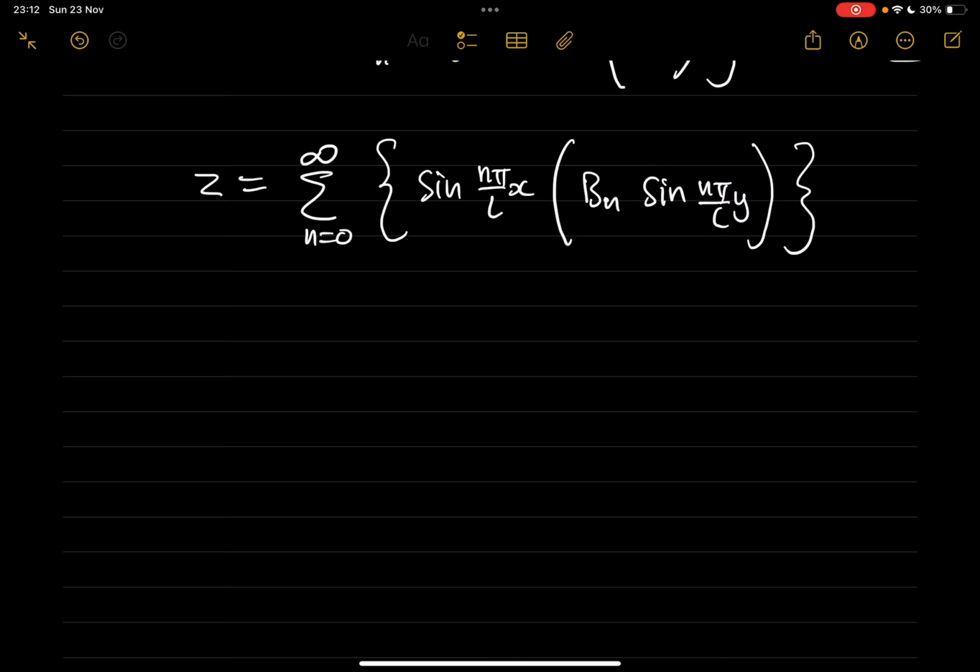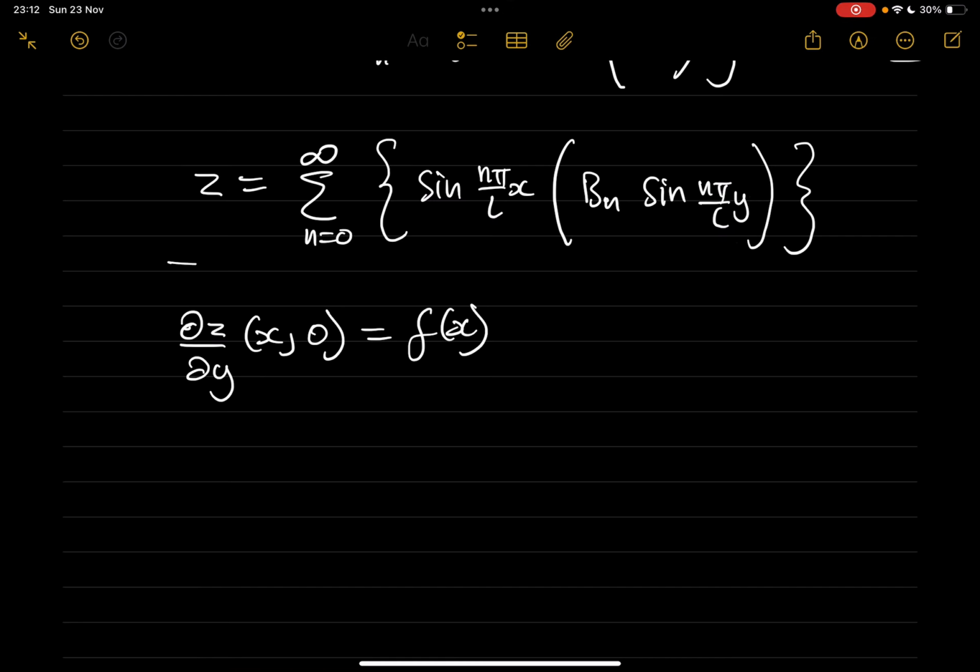And then from here, we apply the last boundary condition, the fourth one, which stated that dz/dy when y is 0 is equal to f of x.